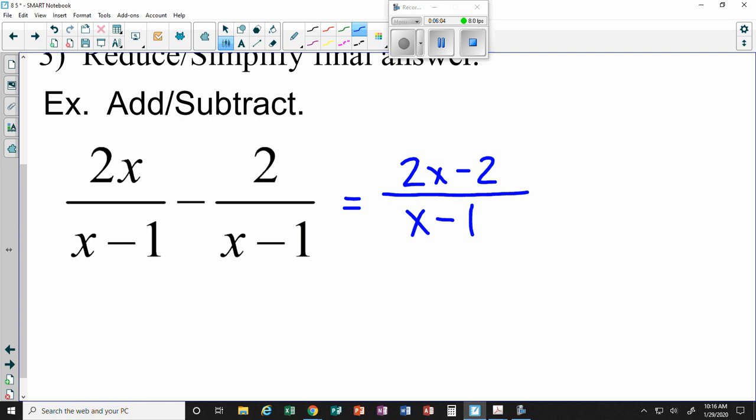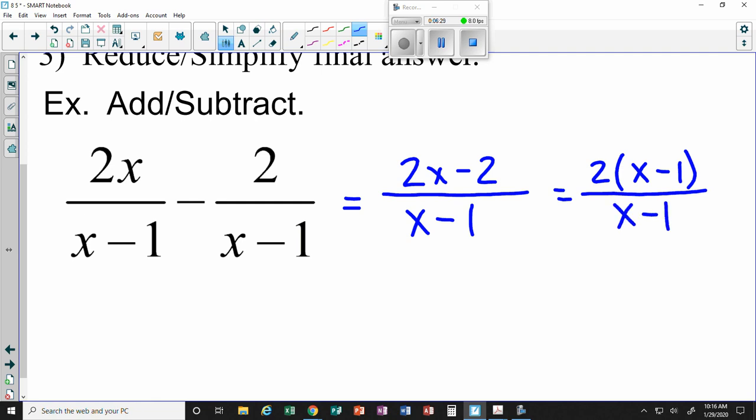2x minus 2. So, now it said last is reduce, simplify. Can I reduce or simplify that? Can I factor either of those? Factor the top, does it help? Well, it might. If I take a 2 out, 2x minus 2 factors into 2 times x minus 1.